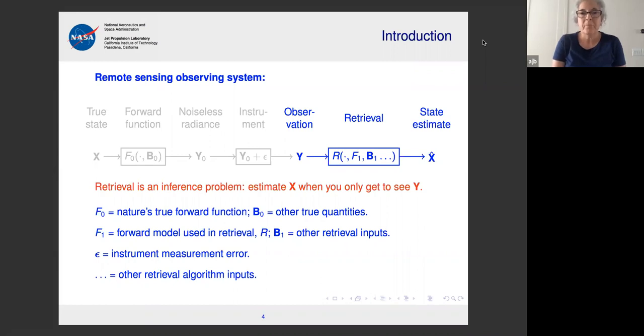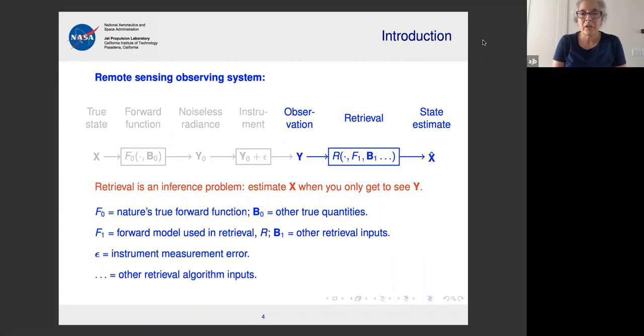And in doing that, it involves essentially using our best guess at what F0 is, which I'm going to call F1, and its corresponding parameters B1, to try to, let's say, choose from different possible true states that might have given rise to Y, the observation. And we call that state estimate, which minimizes some cost function, X hat.